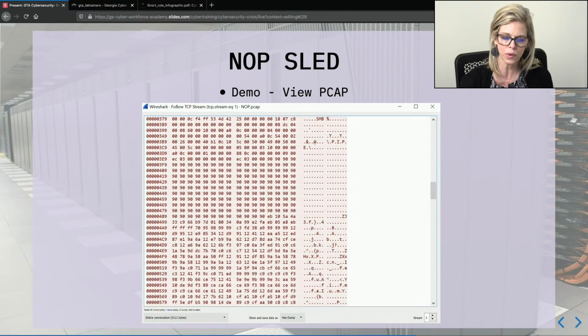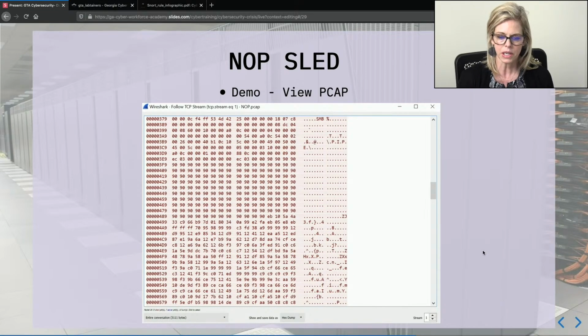We want to overwrite that pointer. So we're using the NOP SLED to overwrite the existing pointer, and somewhere in the series of no operations that we build, the attacker will hide his malicious code. Then the malicious code will be executed somewhere in the middle of that NOP SLED.